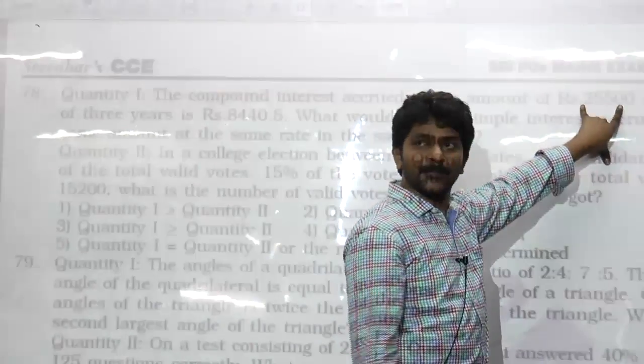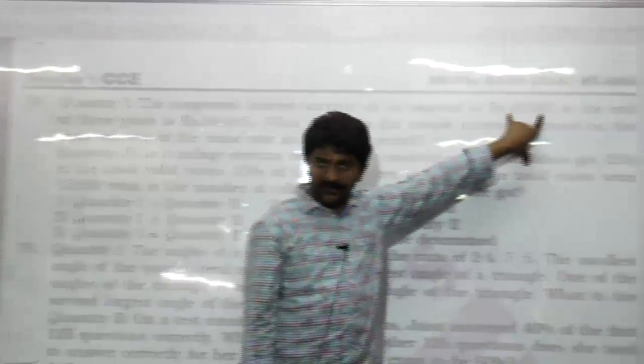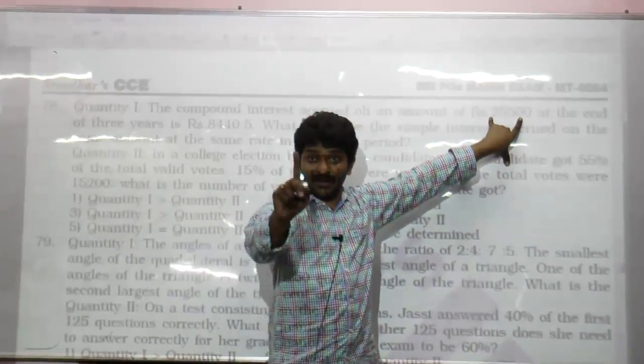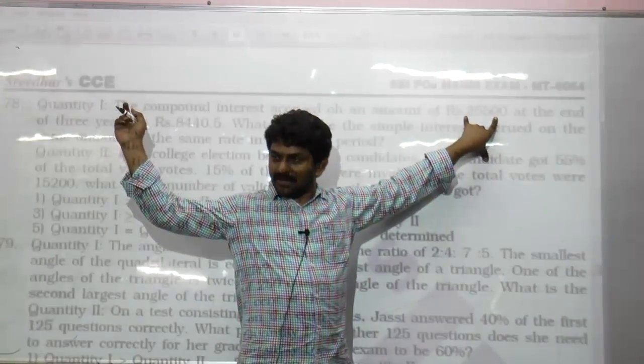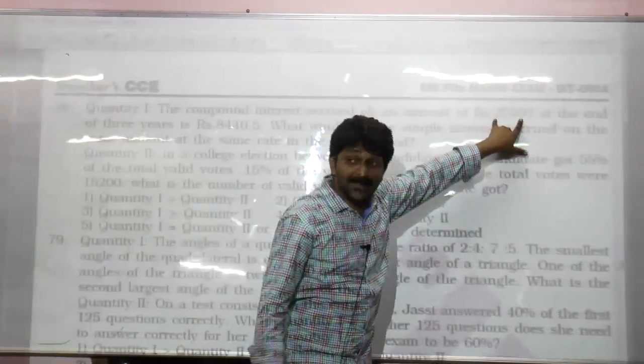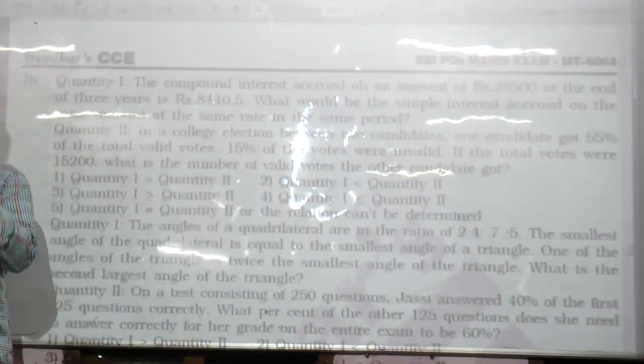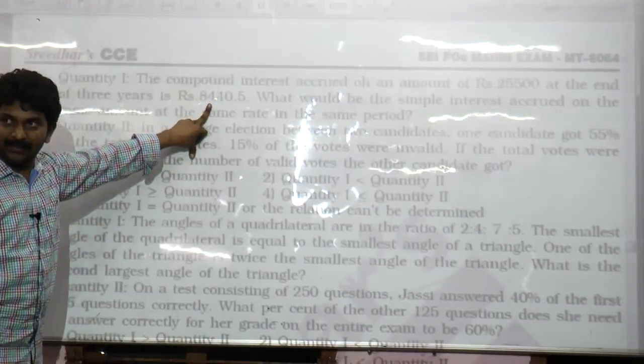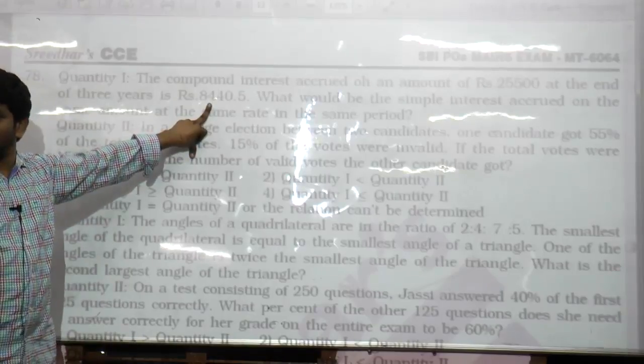10% of this number, 2550. 20%, 5100. But here we have more than that. Our interest is more than that. 30% of this number, 7650. Our number is more than that, but near about that.